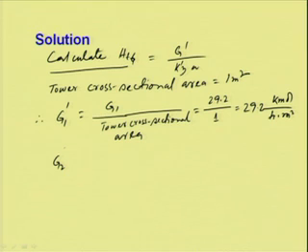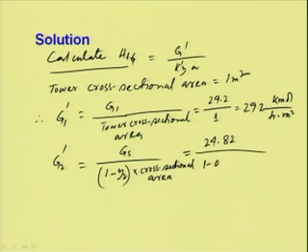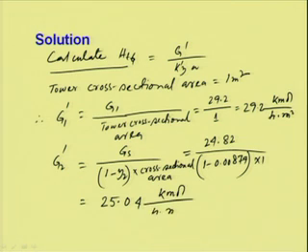Similarly, G2 dash we can calculate as Gs divided by 1 minus y2 into cross sectional area, which is equal to 24.82 divided by 1 minus 0.00879 into 1, which is equal to 25.04 kmol per hour meter square.